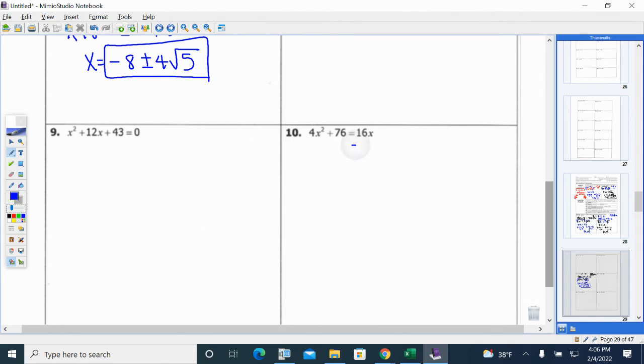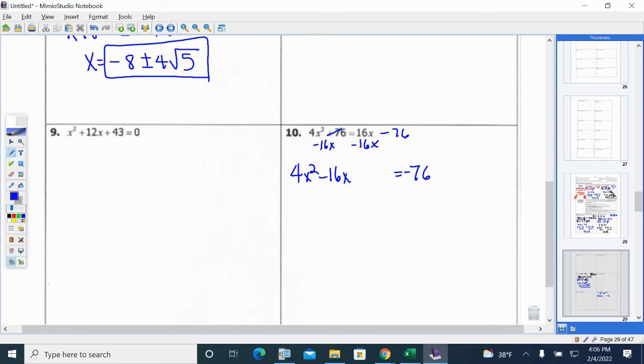So I'm going to subtract the 16x, and it needs to be over here with the 4x squared. And then we're going to subtract the 76 to take it away from the left side. Negative 76.